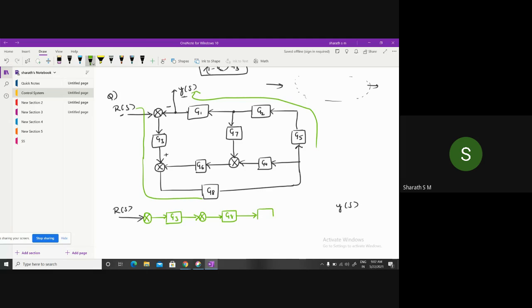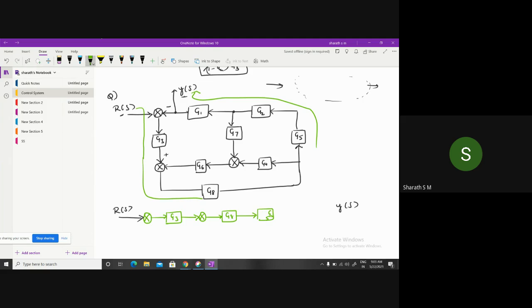So write down G5. After G5, we have G2. So G5, G2 are in series. So we can directly write down. G5 and G2 are in series.